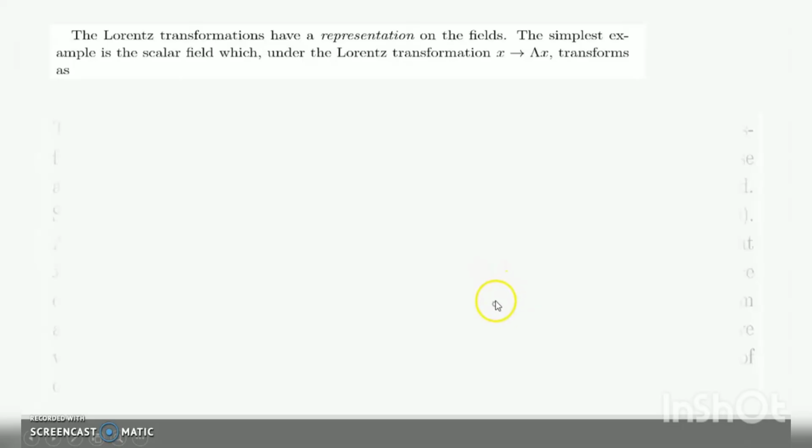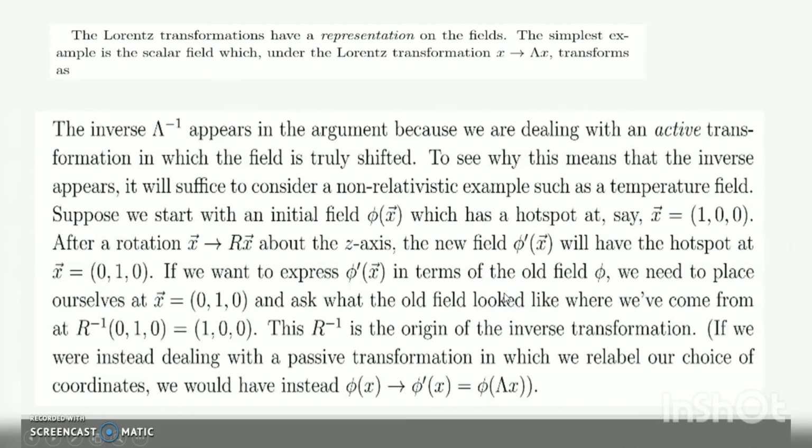Okay, so for the Lorentz transformation, phi(x) goes to phi'(x), where phi'(x) is equal to phi(\Lambda^{-1} x).